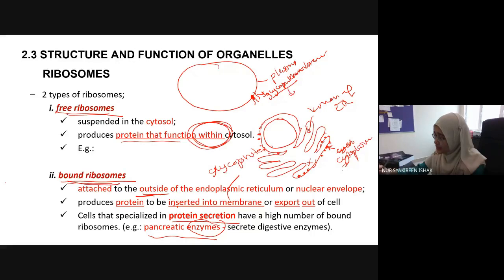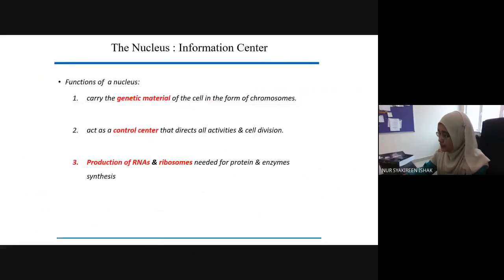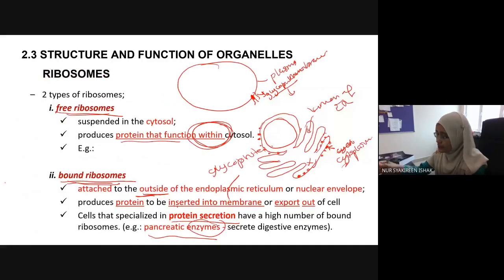This glycoprotein is produced by the ribosome attached to the rough ER, and it will have its own specific function. One of the specific functions of the glycoprotein, for example, is that it serves as an identification tag for the cell. We will look at what the identification tag of a cell is later, in chapter 3. So glycoprotein has its own specific function, for example identification tag, or as antigen.